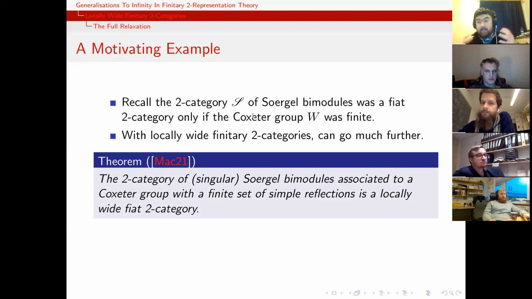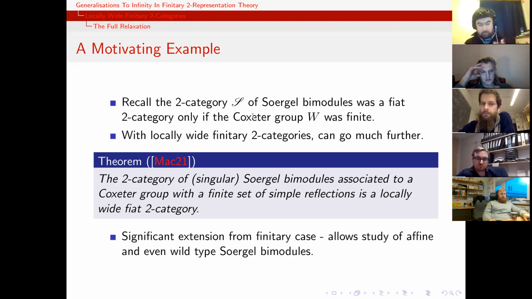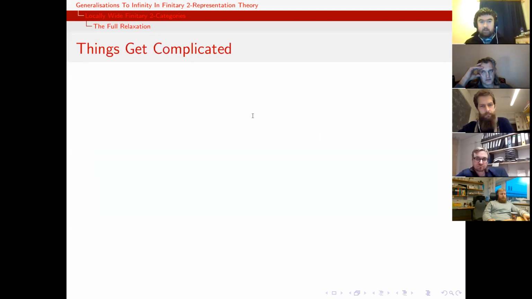So this expands massively from the so-called finite type with the finite group to affine type and possibly even wild type Soergel bimodules as being approachable by this theory, which is potentially very useful going forward.